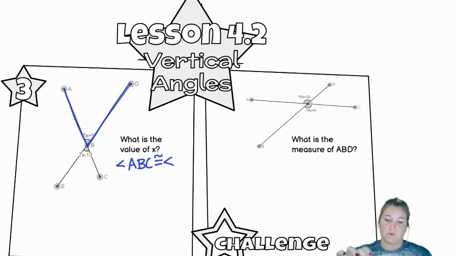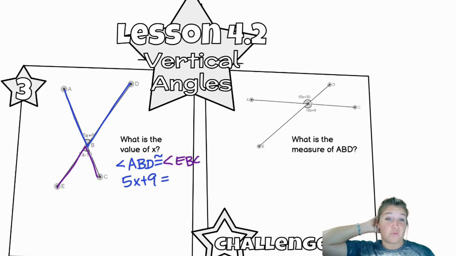So not ABC, ABD. Sorry about that. So ABD is 5x plus 9. Congruent is the same thing as equal. They're the same as 7x minus 13.